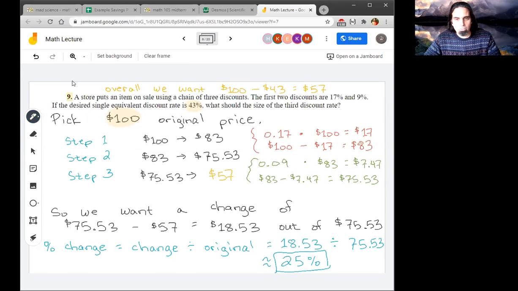Whatever this item is that we're selling, it's not selling well. If we put a third sale on 25% off, then we should get to the target price. That's a lot of writing.